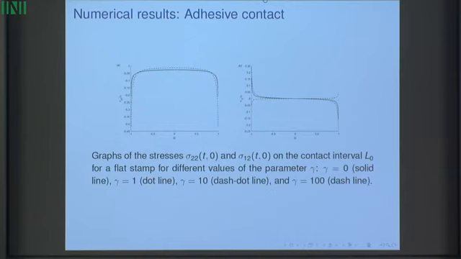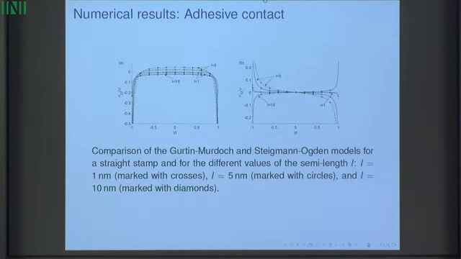Now, one of the conclusions, which you can see almost universally, no matter what kind of problem you solve, is that if you're away from the crack tips, typically the effects of this surface energy, whether it's Steigmann-Ogden or Gurtin-Murdoch, are relatively small. So for instance, I will show you results for a crack later, where it's almost the same for the bulk of a crack. But usually near singularities like crack tips or ends of a contact interval, that's where things change. So that's where the surface energy typically plays a role.